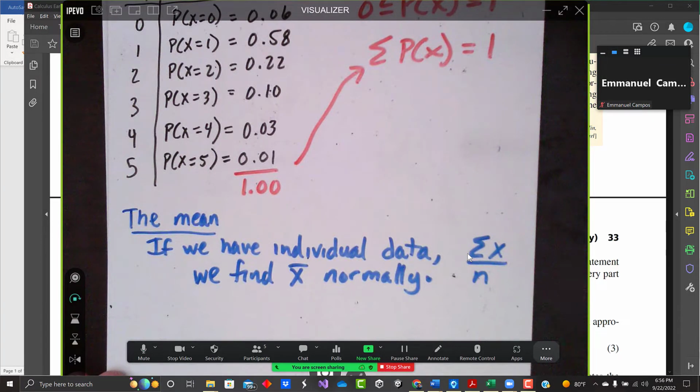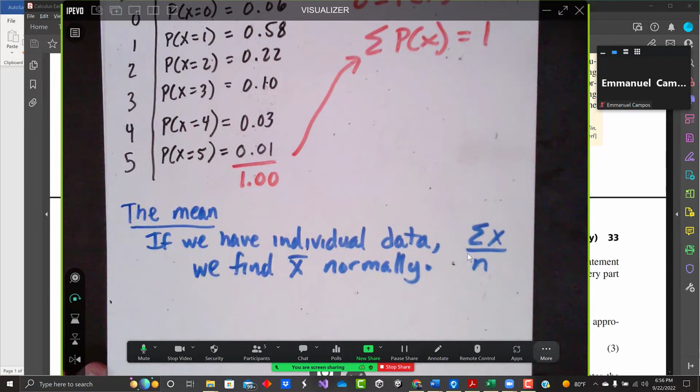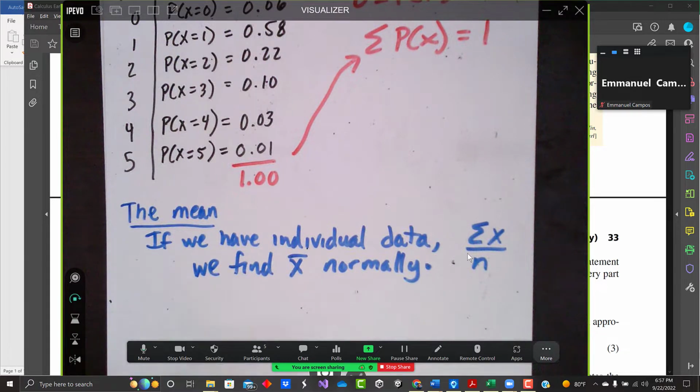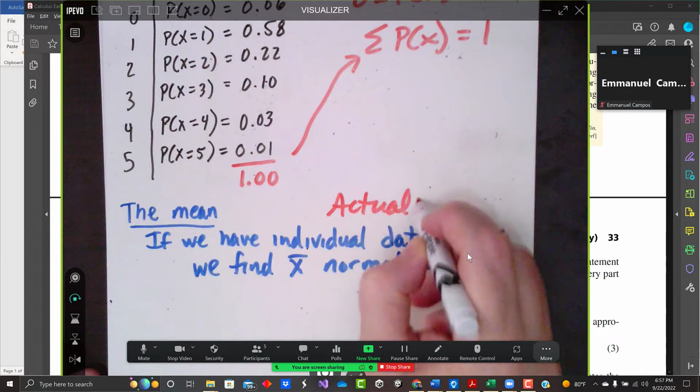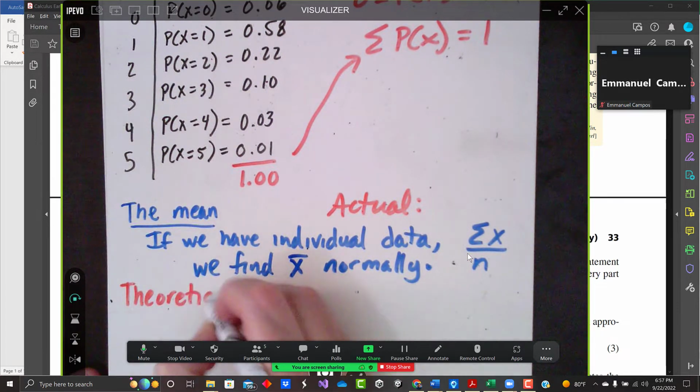In this case, we don't. We're just given the probability that the answer happens. This probably happened from collecting data, and they just found the proportions and said, okay, 58% of people watched one movie. So when we don't have actual data, we have to work on the theoretical value.